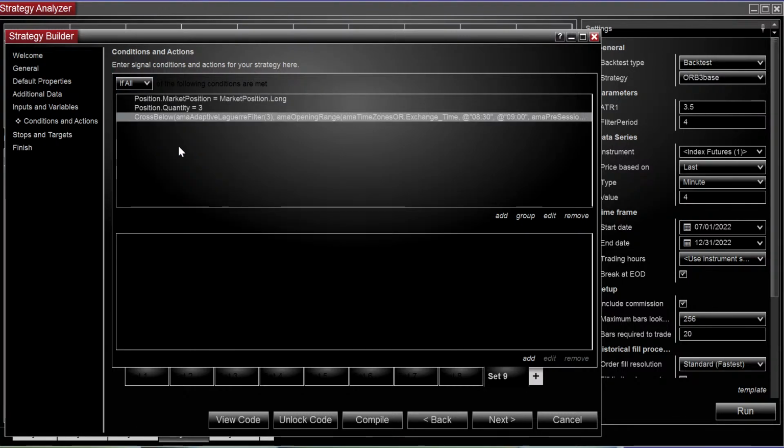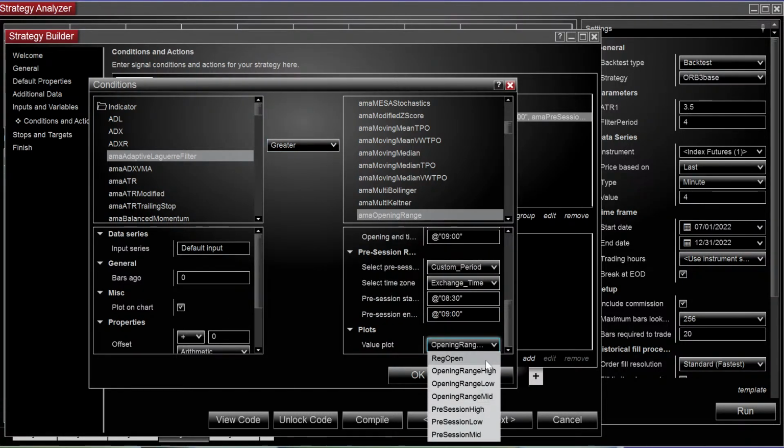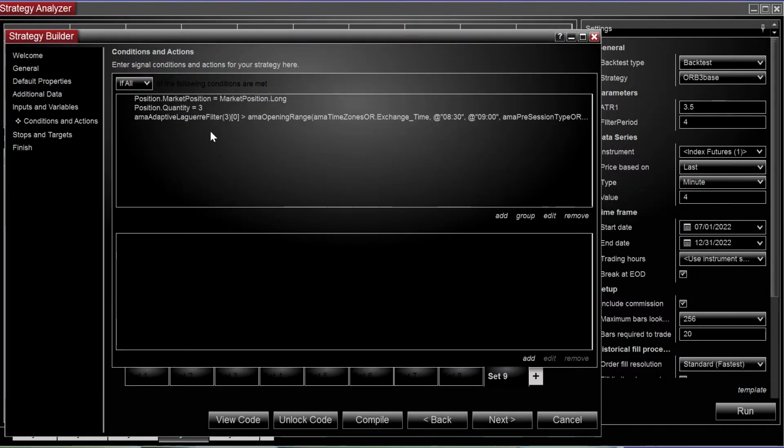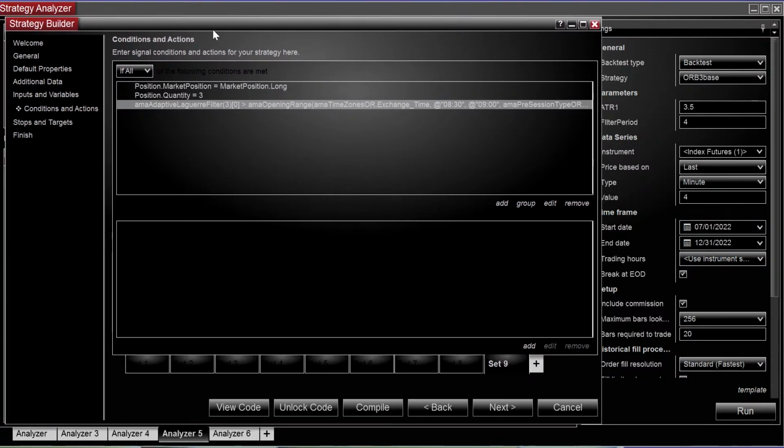And now we're also going to check to see if the adaptive Laguerre is greater than our opening range high. So let's see, we're long, position quantity is 3, and the Laguerre is greater than our opening range high. I'm trying to think if I need to add a variable.